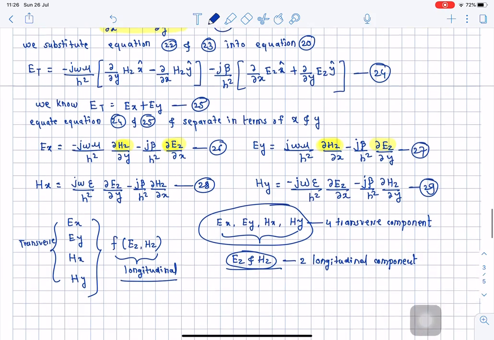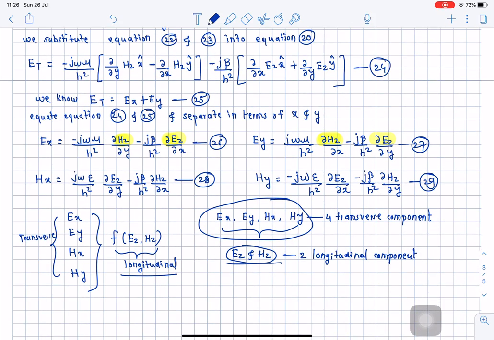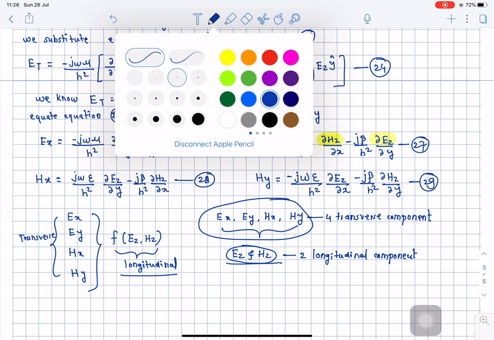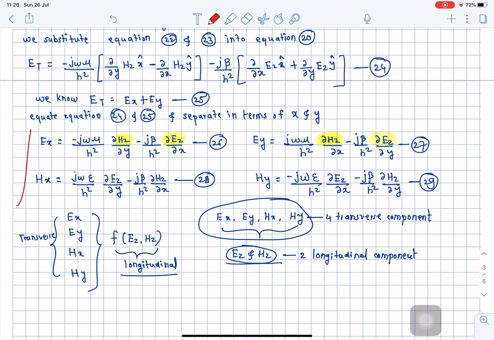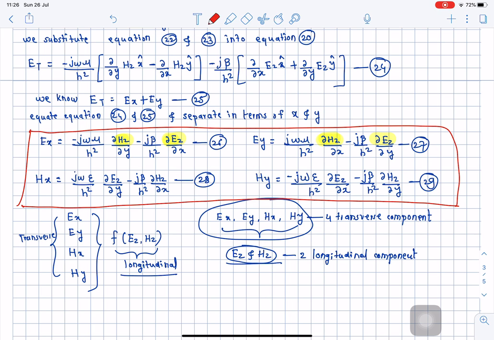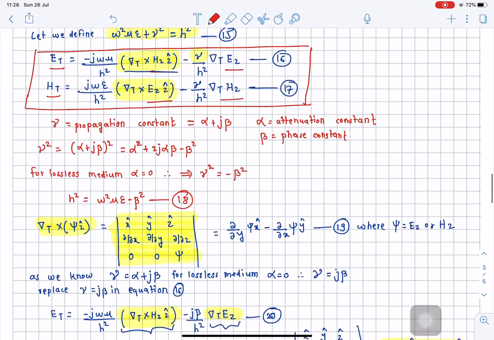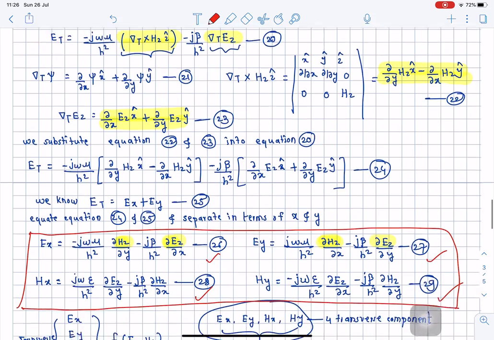But you should know these 4 different equations which I will highlight over here. You should know the generalized equations of the transverse field components. So equation 26, equation 27, equation 28 and equation 29 you should remember anyhow. You need not derive all this in order to arrive at these 4 equations.